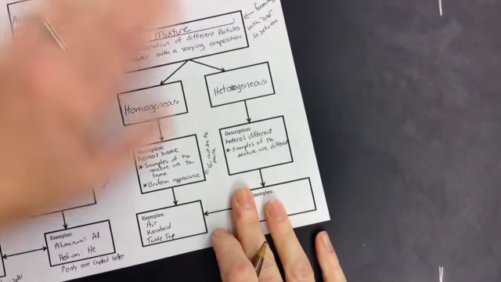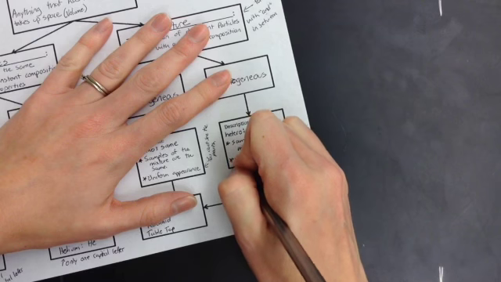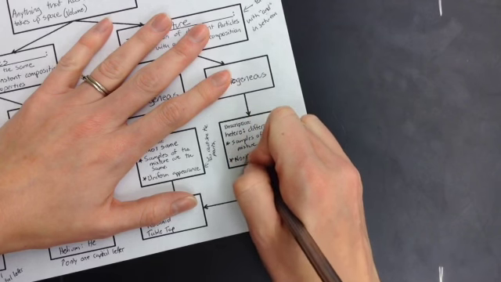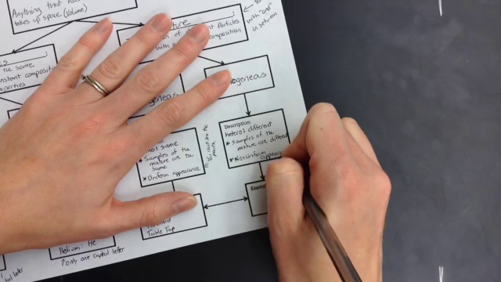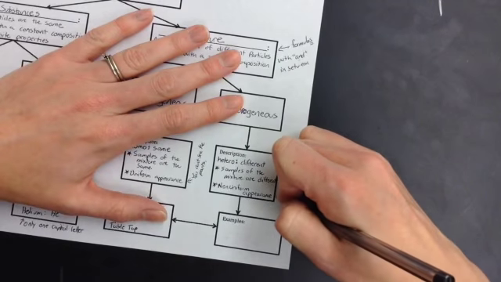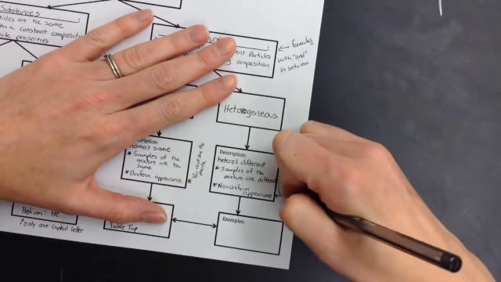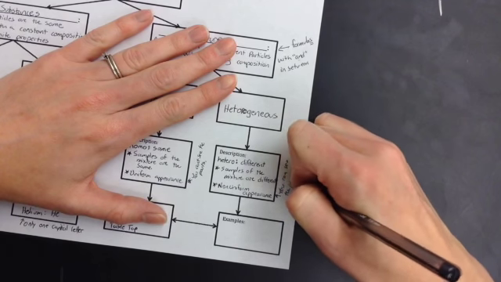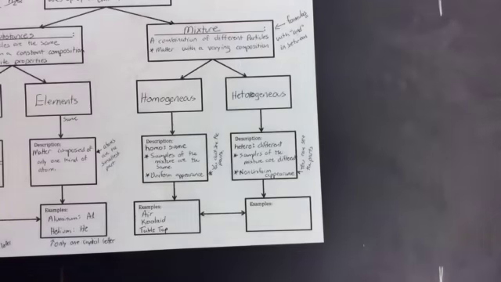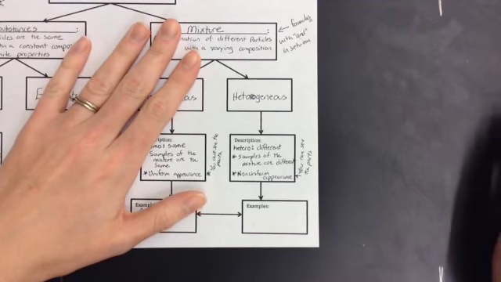And what that would look like to you is a non-uniform appearance. And you would be able to see the parts. So you can see the different parts in a heterogeneous mixture.